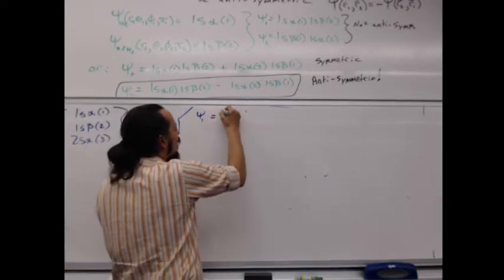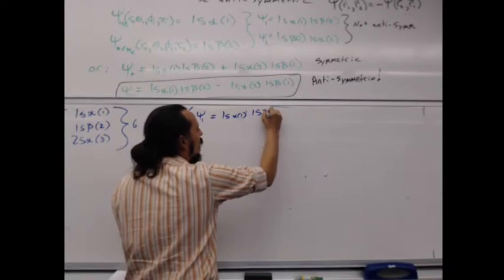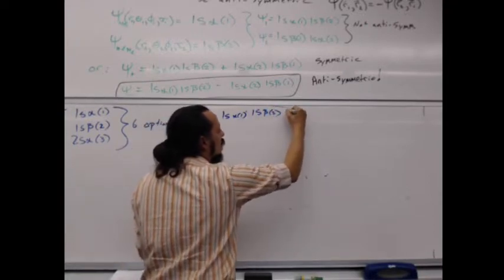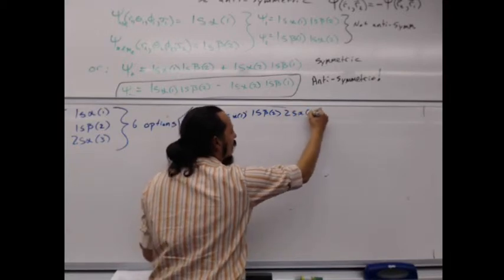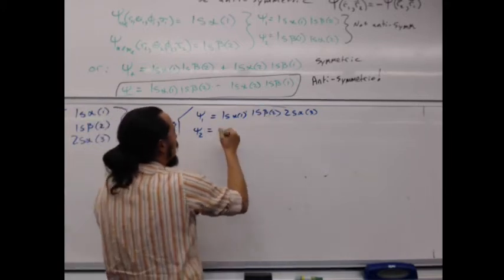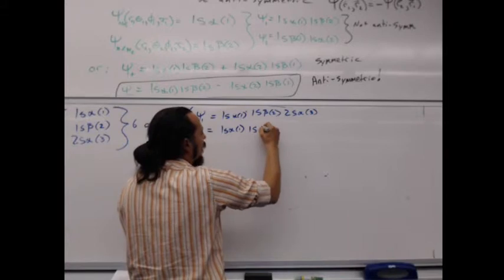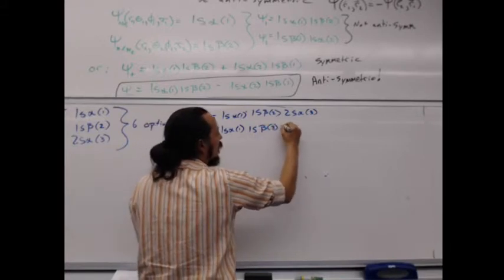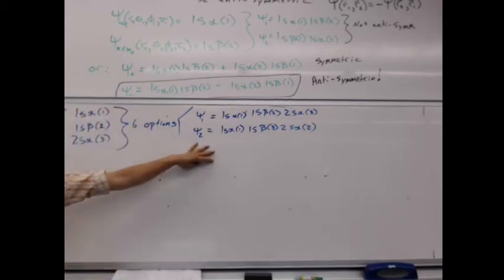So I can have psi 1, 1s alpha 1, 1s beta 2, 2s alpha 3. I can have psi 2, which I'm going to just flip some labels. 1s alpha 1, 1s beta 3, 2s alpha 2. And you don't have to write all these down. We're going to have a different way that's going to make it easier to write it down.